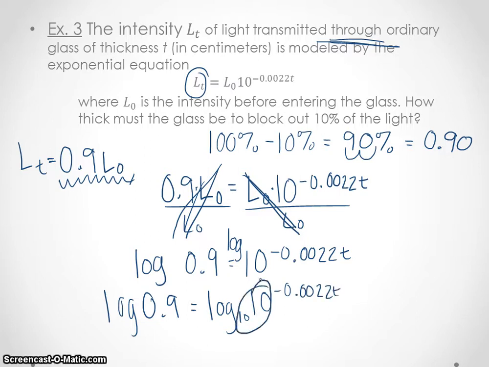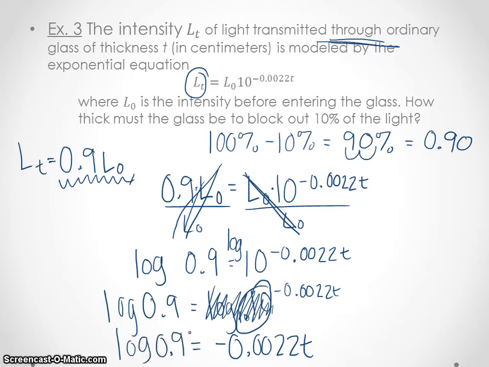Notice my base and what I'm taking the log of match, so this is that property where I can get rid of all of this and say we just have this negative 0.0022 t. It's not a power anymore. We drop it down into the log spot. So log of 0.9 equals all of that.